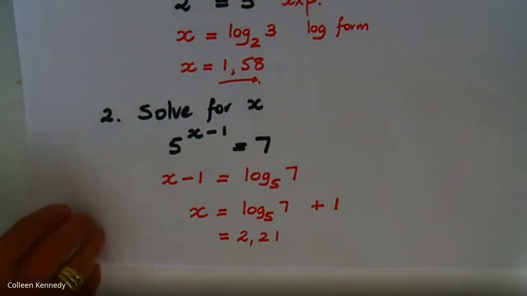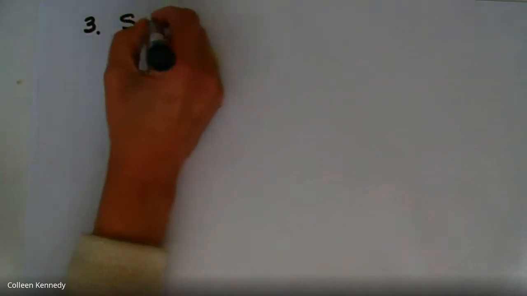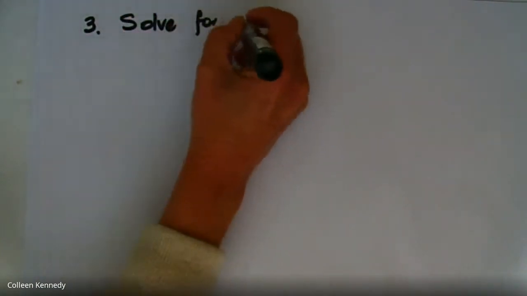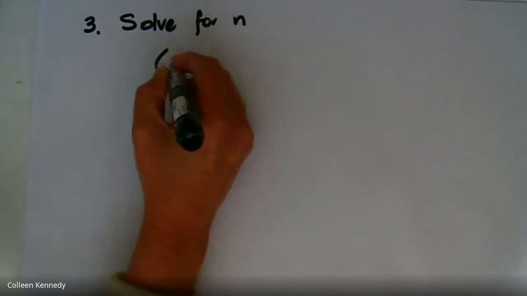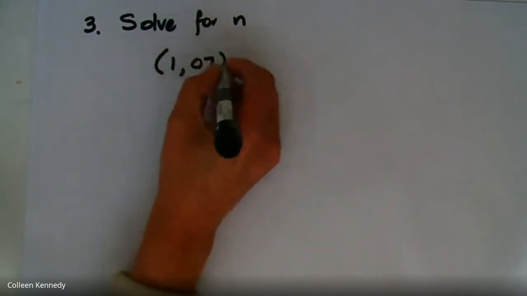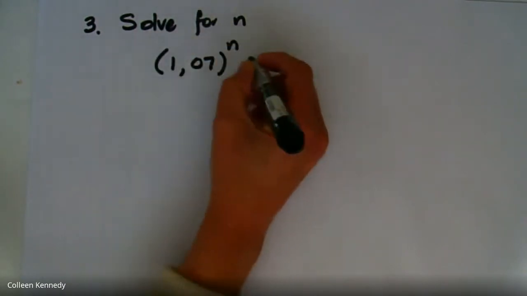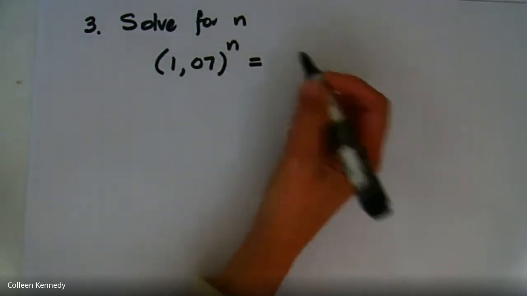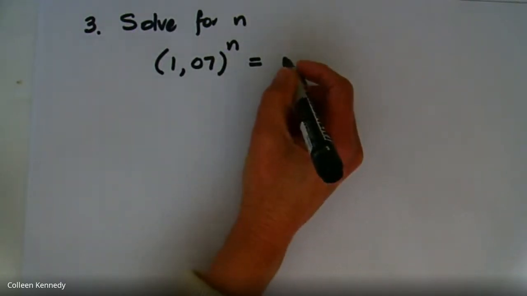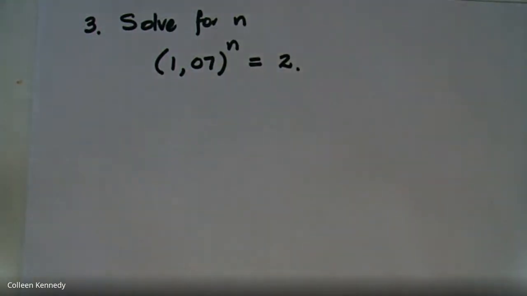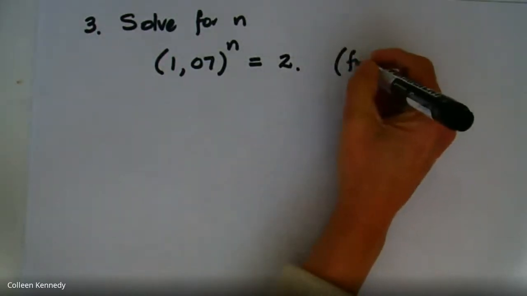So if we just make up an example, I'm going to move this as our third one. So you can just relate it to finance. We're going to say solve for n. And you would have something like 1,07, because that would be your interest rate, equals, let's just say we've doubled our money, equals 2. So we're going to use it in finance.